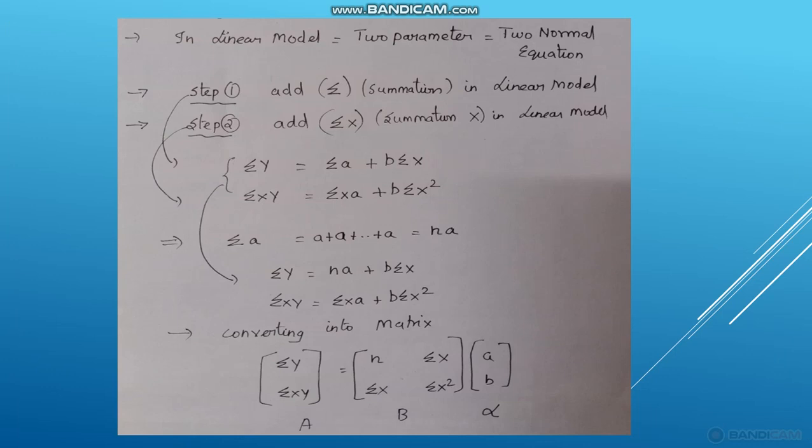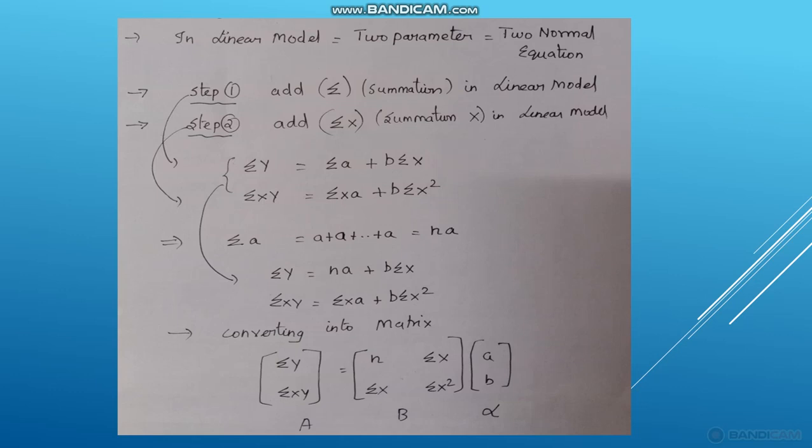The second equation is summation of xy is equal to summation of x into a plus b into summation of x squared. These are the two normal equations. In the model we have two parameters, so we have two normal equations.